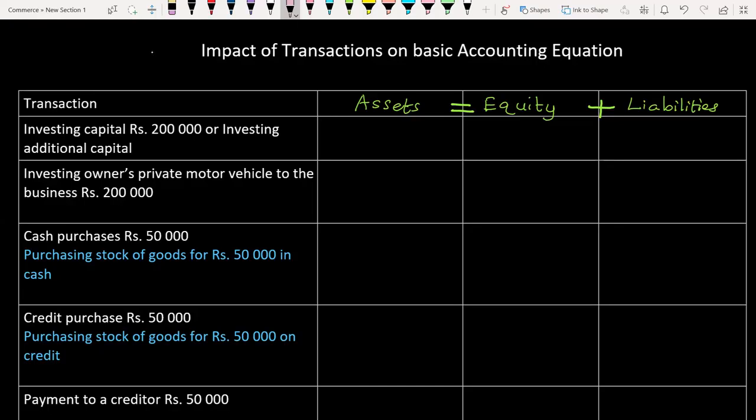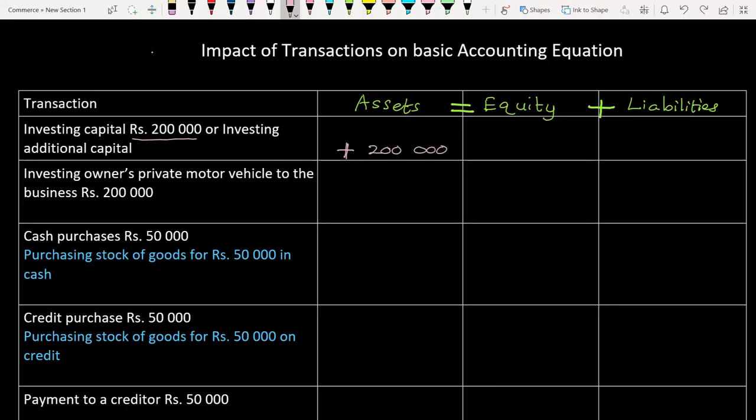Definitely assets will increase because 200,000 of cash will be invested to the business. So assets increase. To show the increase, we have to put a plus mark. Assets increase by rupees 200,000.